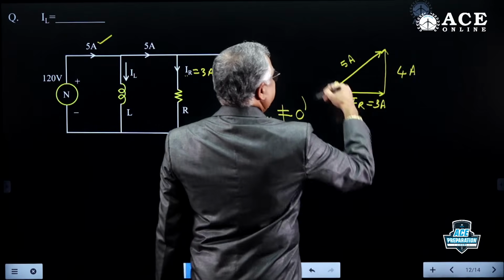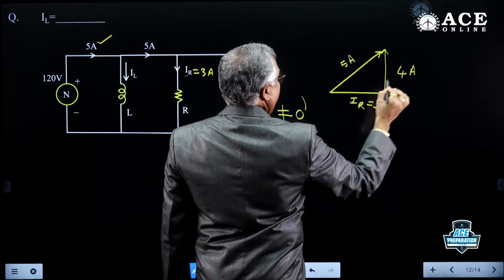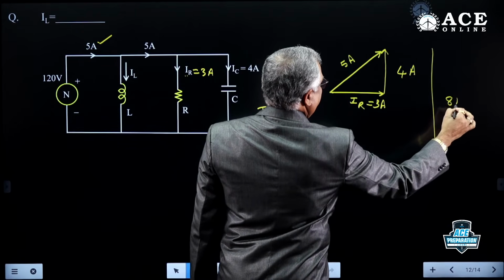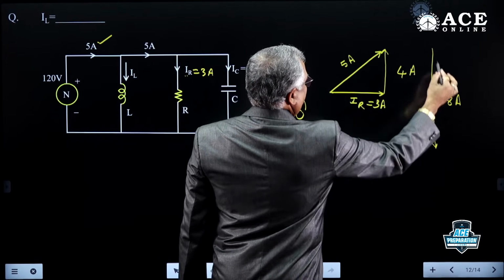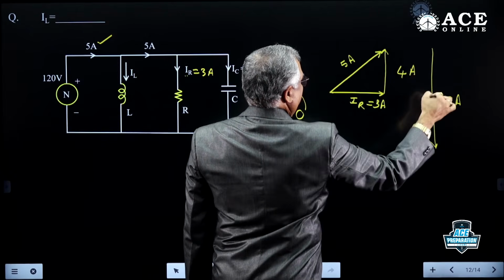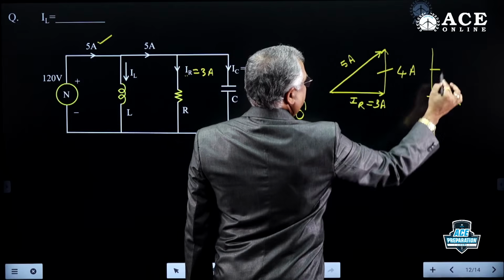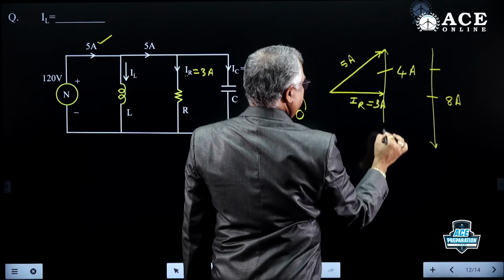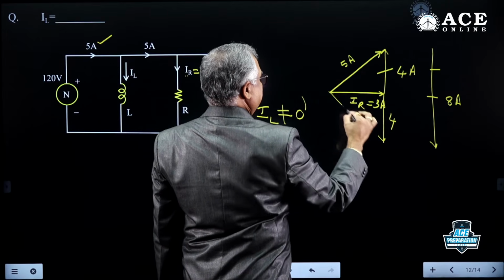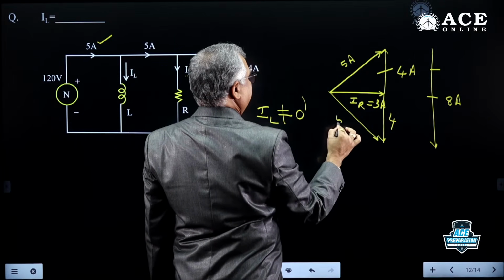So just conceptually think carefully. If 8 ampere of IL is flowing, out of 8, this 4 down, this 4 up cancel, this 4 remains, and again 3, 4, what will the resultant be? 5.